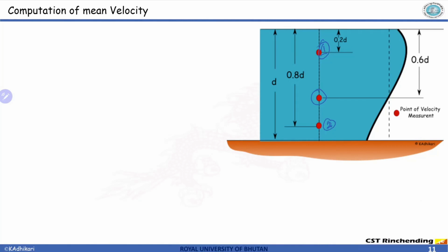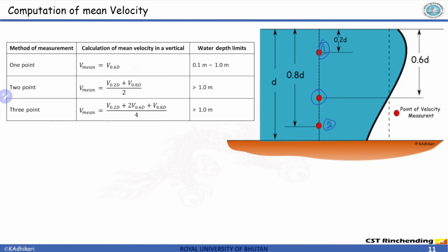Now if you have the luxury of time, you can do the three-point measurements. To do the three-point, if you have the data for 0.2 d, for 0.8 d, as well as for 0.6 d, then you can use this formula to find the average velocity.